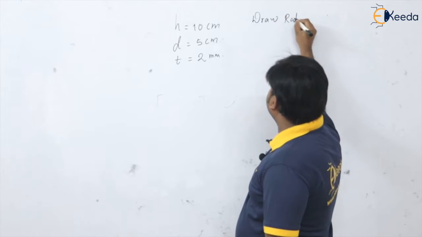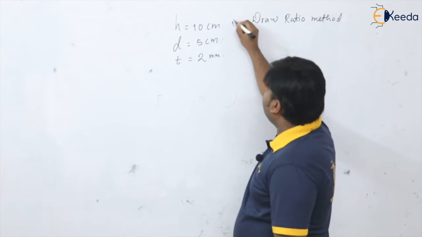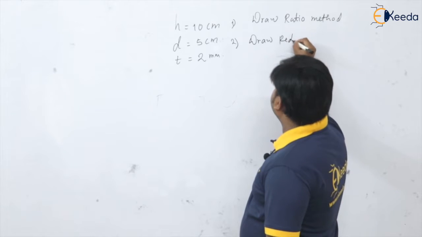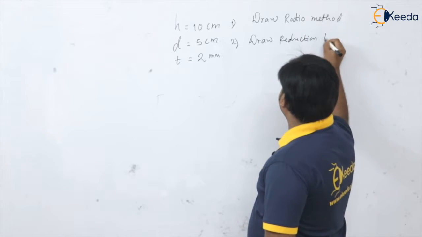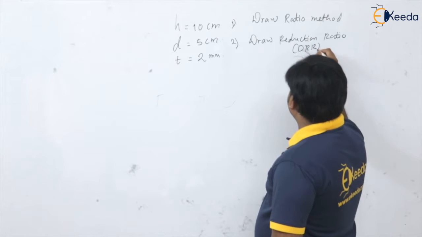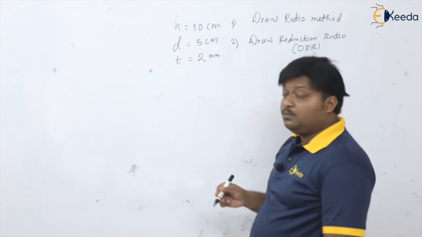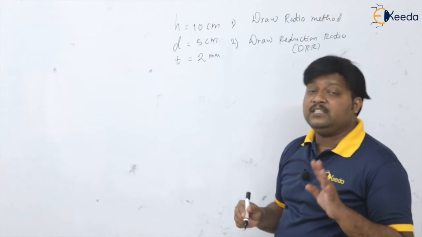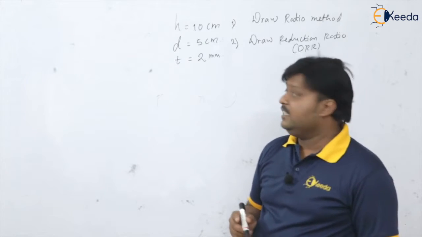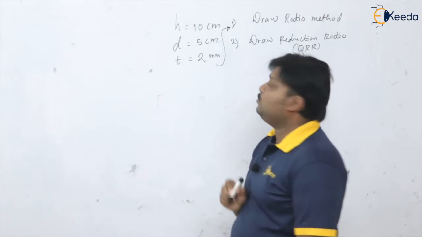This is the first method we have seen, and the second method, draw reduction ratio, that is DRR. We have seen this. But in the numerical nothing is mentioned, so please remember, then definitely you should go with the draw ratio technique.